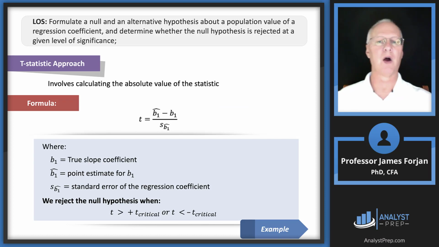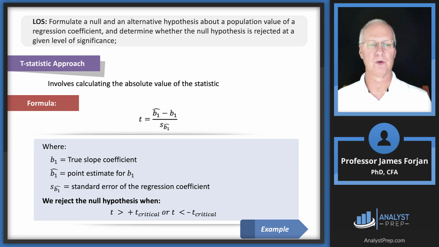All right, so here's our equation for the t statistic. It's going to be beta 1 hat, right? This is the estimate from the regression equation, minus beta 1, which is the true slope coefficient, which is probably not observable. It's just something that we think is true out there.